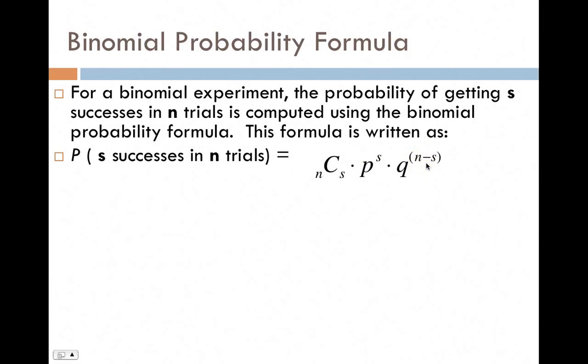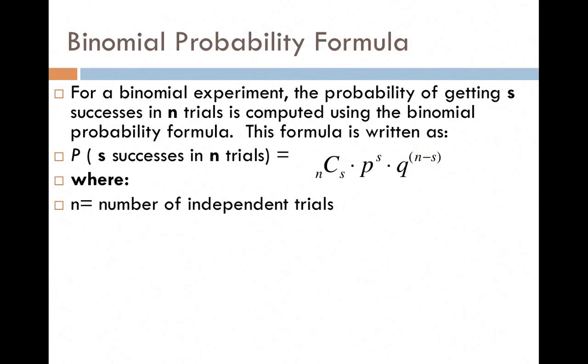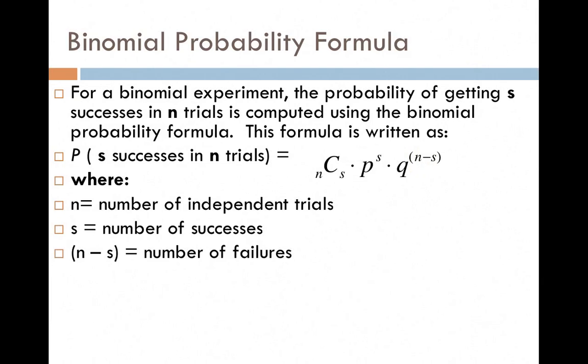The meanings of these symbols: N is the number of independent trials, S is the number of successes, N minus S is the number of failures. Let's just think about why that makes sense.